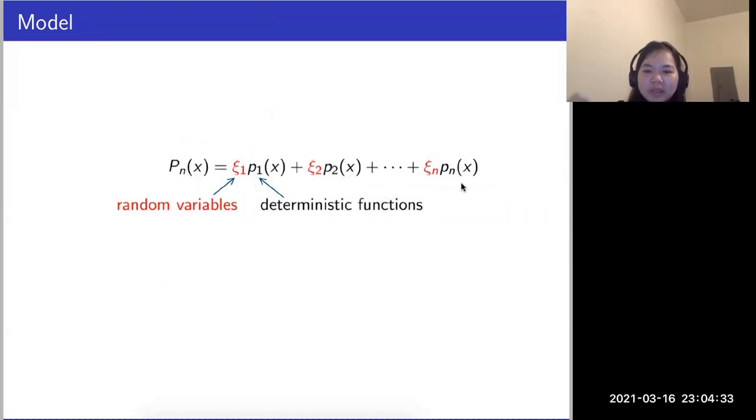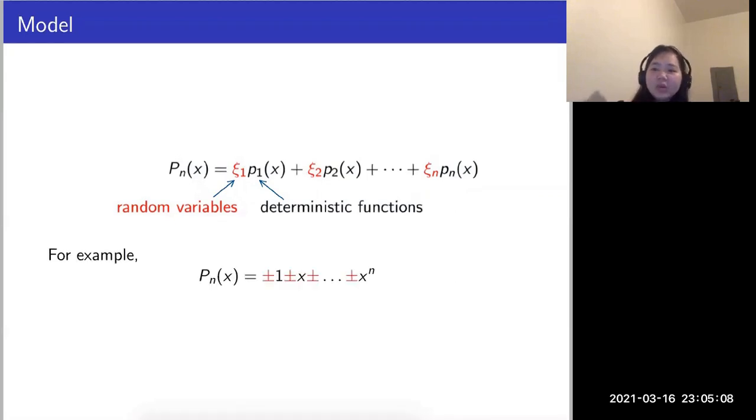These are deterministic functions. There's nothing random about them. And then we'll have the coefficients C_1, C_2, up to C_n. These are random variables. If you haven't seen random variables before, just keep an example in mind, like C_i takes the value plus or minus 1 with equal probability.